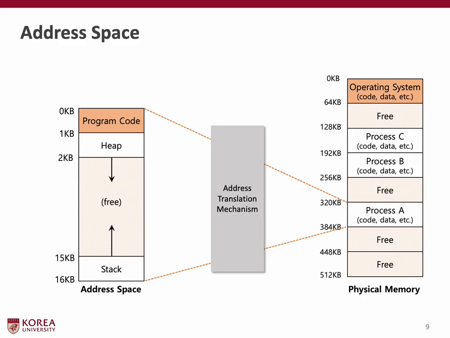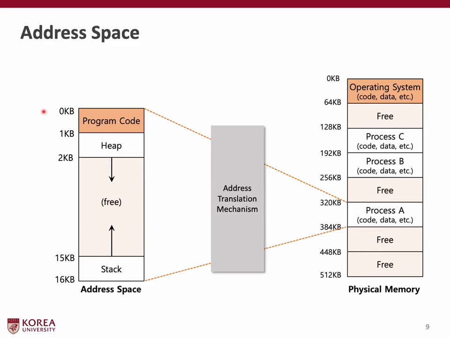This slide is perhaps the most important one for understanding the central idea of virtual memory. It perfectly shows the two different points of view. First, on the left side, we have the process perspective. That is, this is its virtual address space.